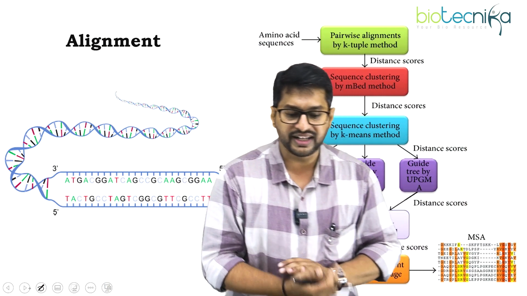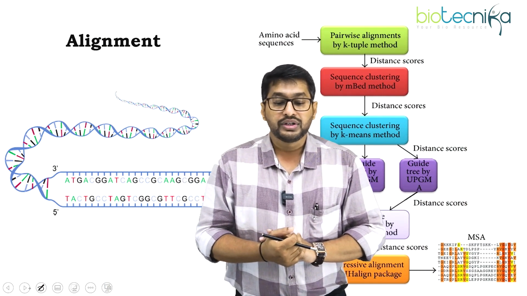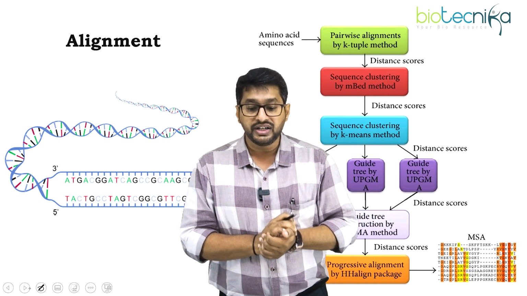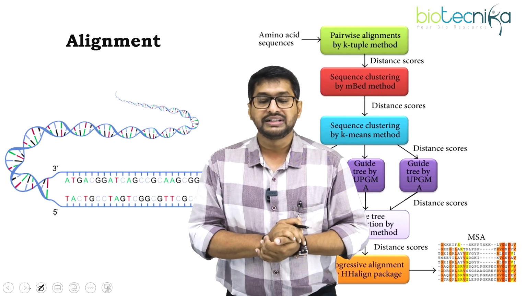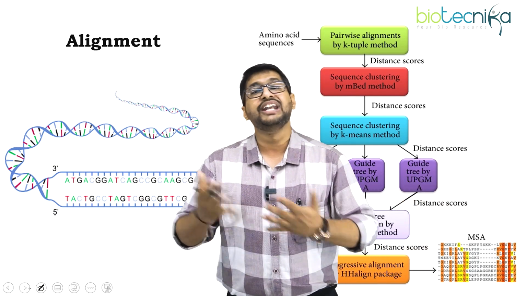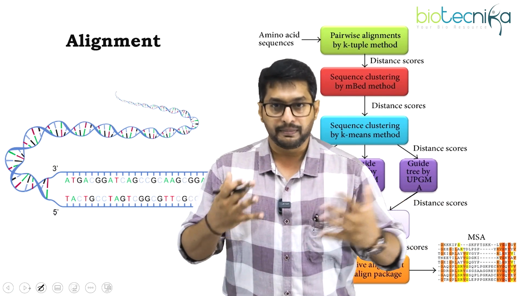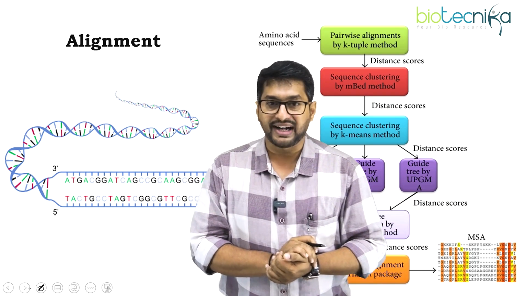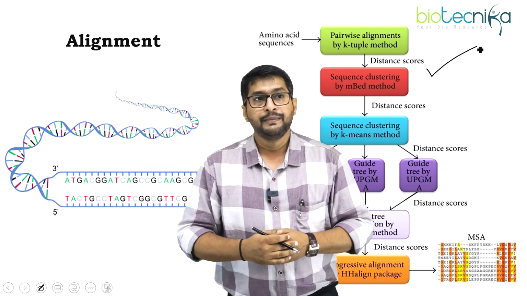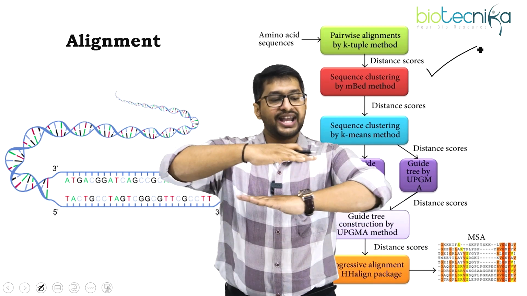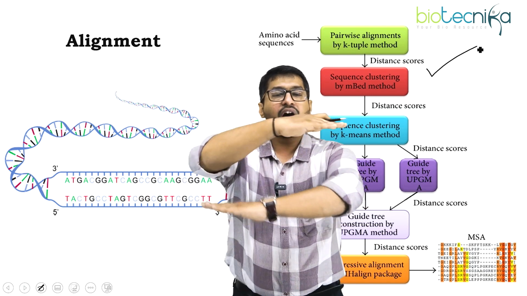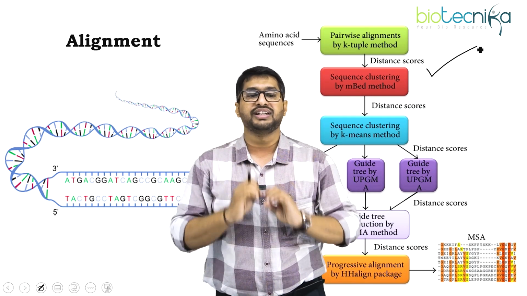Let's move on to the next component, where understanding alignments also becomes very, very important. Here there are two major guidelines: one is called weighted, and the other is called unweighted scoring matrix. Here we use a distance score, and with this distance score I know how far one sequence is from another sequence, or how close one sequence is to another.